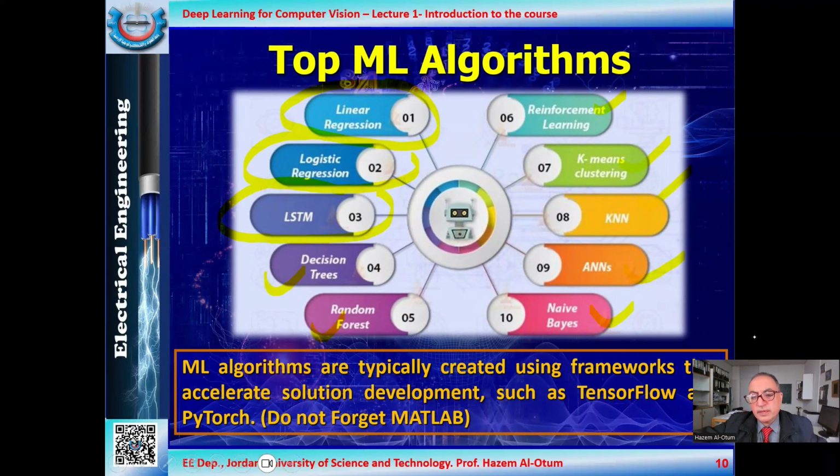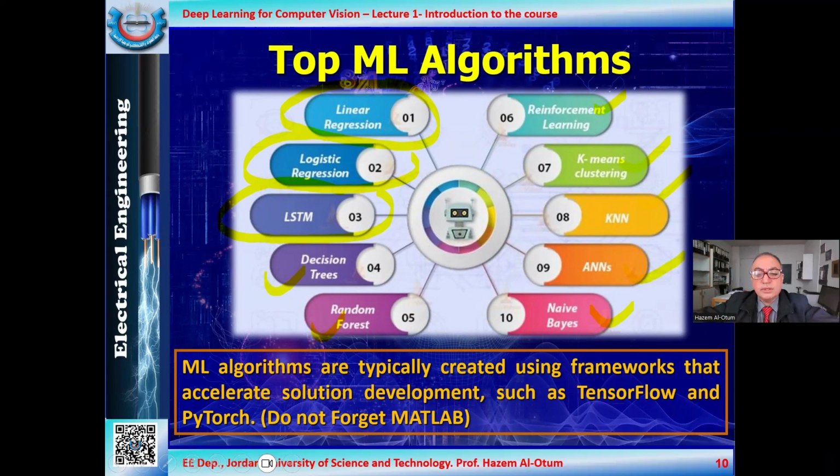So in machine learning, I'm going to use a framework to accelerate solution development. There are resources that can be used for machine learning, and the very well known and very popular ones in this direction are TensorFlow, PyTorch, and we also do not forget to mention MATLAB, because in MATLAB there are very strong toolboxes for machine learning, deep learning, AI applications, and computer vision as well.